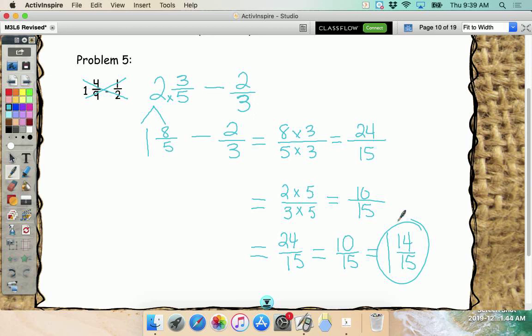Was it easier to just take 1 away from the 2 and borrow 1 whole to make this 8/5? It was. So when we get to these kind of problems, that's how we'll do it. This is just a little snippet of a preview for you. All right? Good job today.